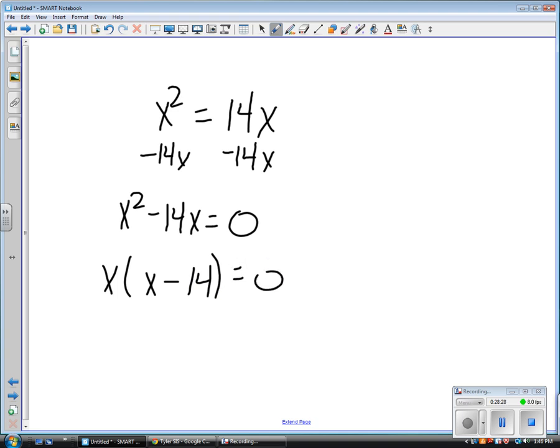Now what? Split them out, so x equals 0 and x minus 14 equals 0. Now, there's nothing for me to do here. It already told me what my variable was equal to, right? Here, I can do the math, and I get x equals 14.